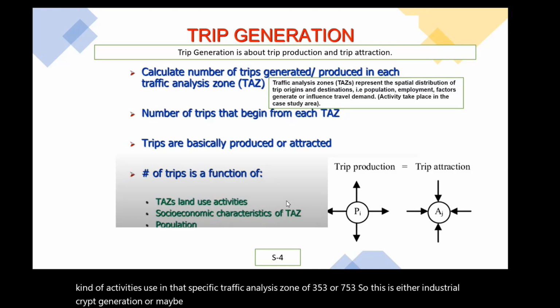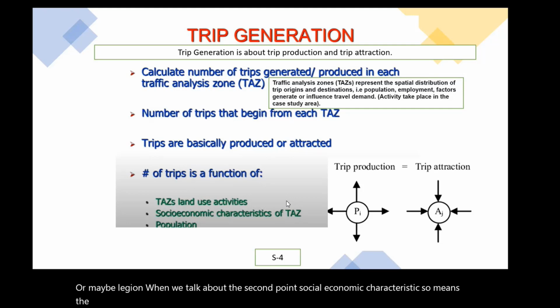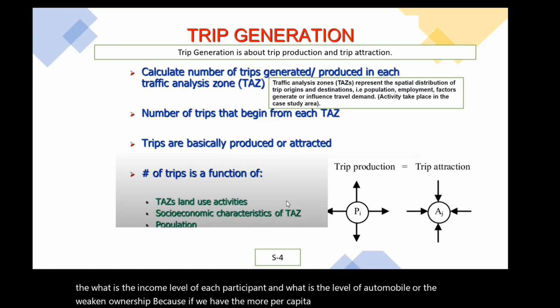When we talk about the second point, socio-economic characteristics, it means what the income level of each participant is and what the level of automobile or vehicle ownership is, because if we have more per capita income, the ownership of vehicles will be higher.